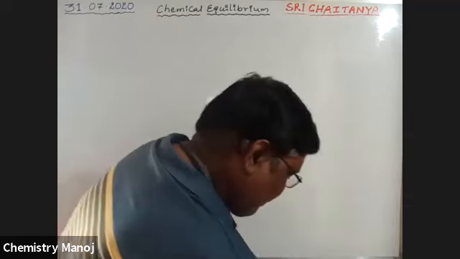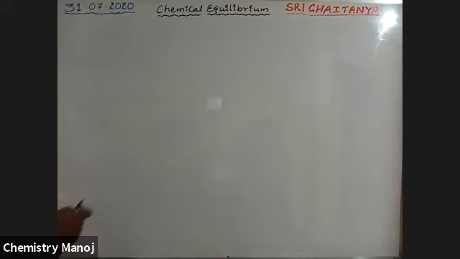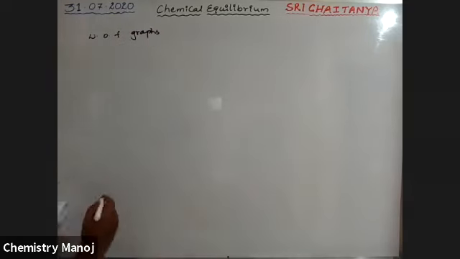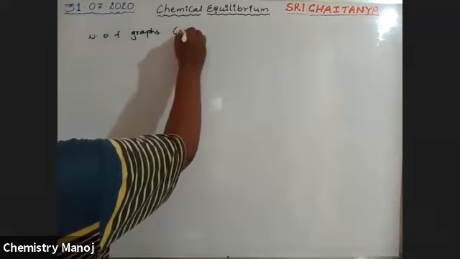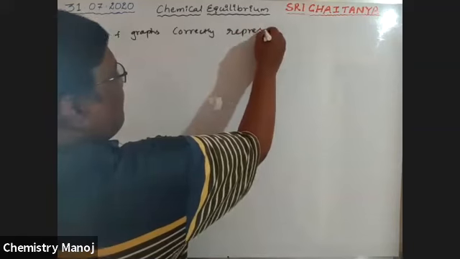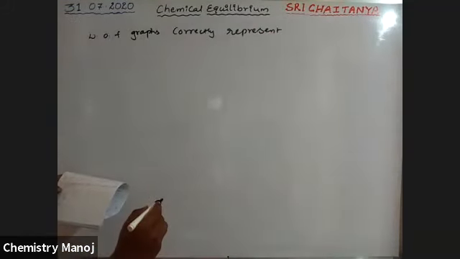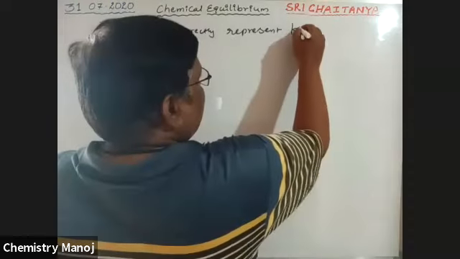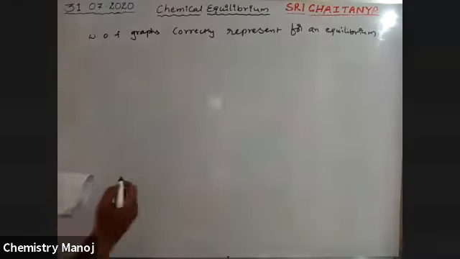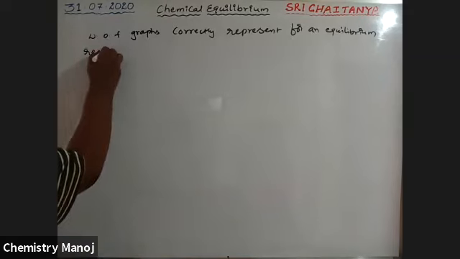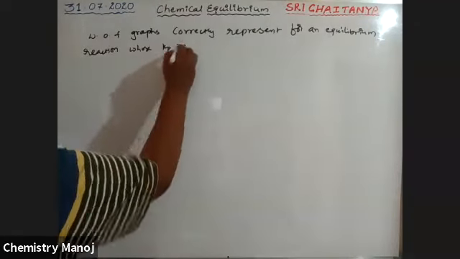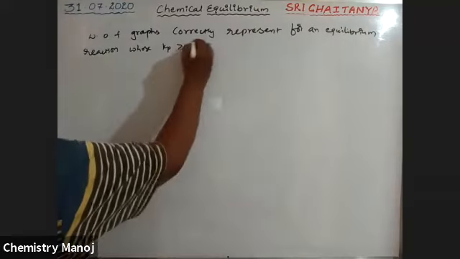See this? Which of the following graphs correctly represents an exothermic equilibrium reaction whose Kp is greater than 1?